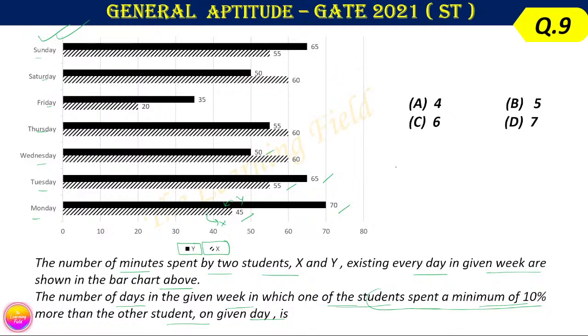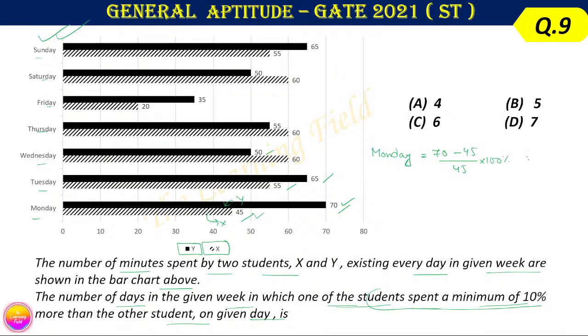Now we calculate on Monday the required percentage. On Monday, the required percentage is, the highest value minus the smaller value, so 70 minus 45 by 45 into 100%. We have to calculate the percentage.